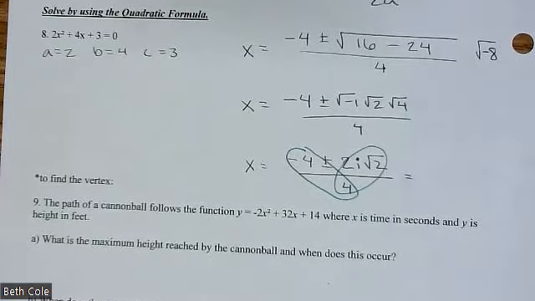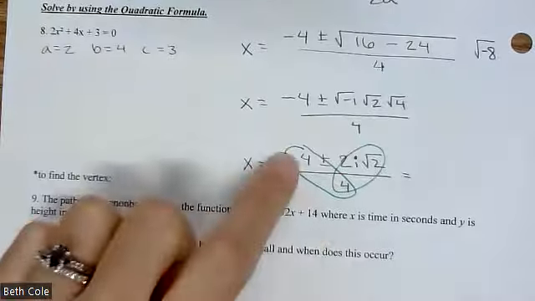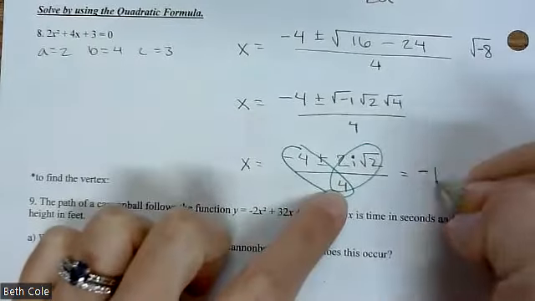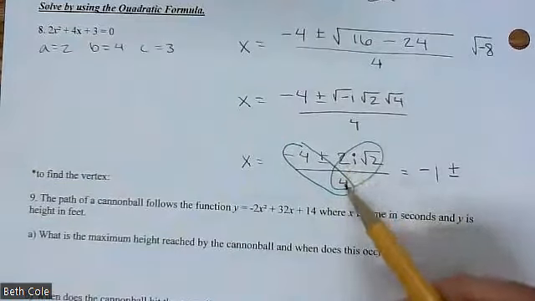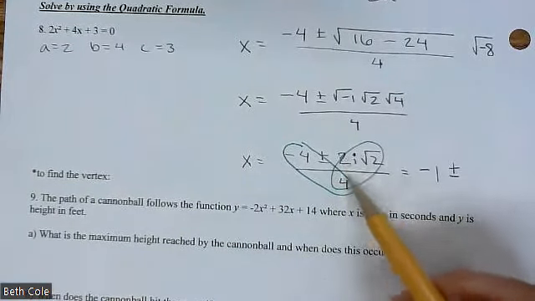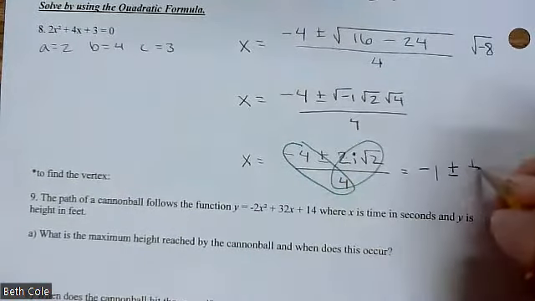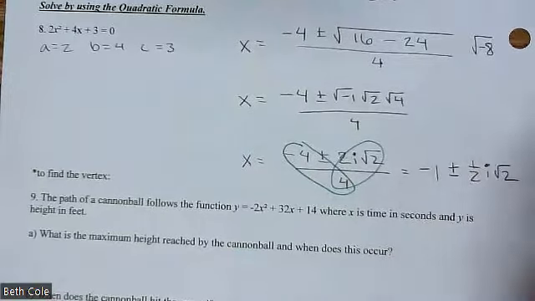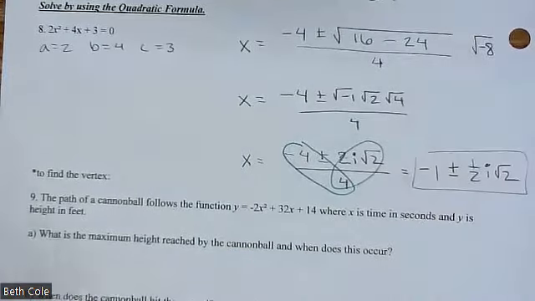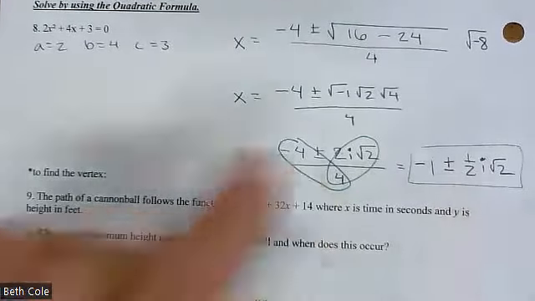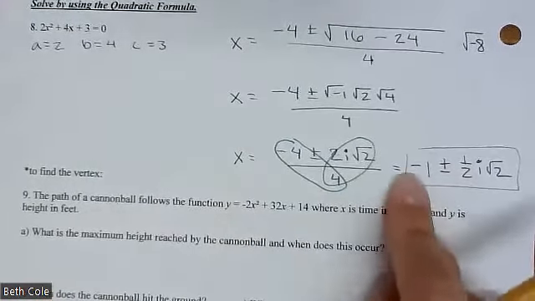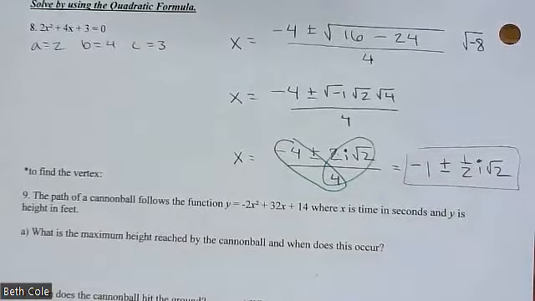So negative 4 over 4, I mean negative 1 plus and minus 2 over 4, that would reduce to 1/2, and then i square root of 2. I would argue that this looks worse than that, personally. But again, the point is that you're separating the real part from the imaginary part.